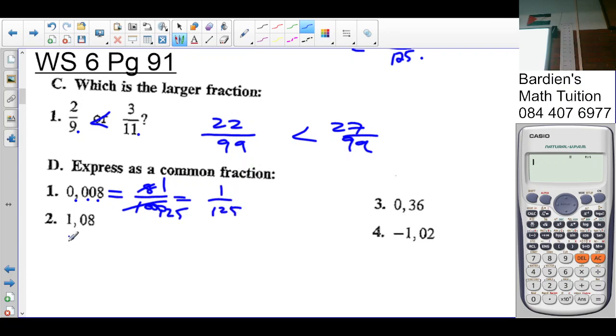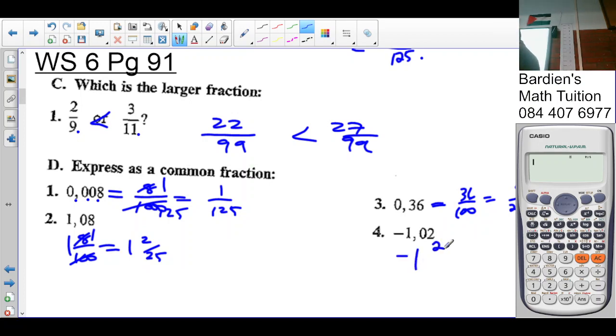The next one is 1 and 8 over 100, which simplifies: 4 goes into 100 25 times, 4 goes into 8 twice. The next one is 36 over 100, which is 9 over 25, 4 goes into both. And the next one is negative 1 and 2 over 100. As you see, 2 digits there. So it's negative 1 and 1 over 50.